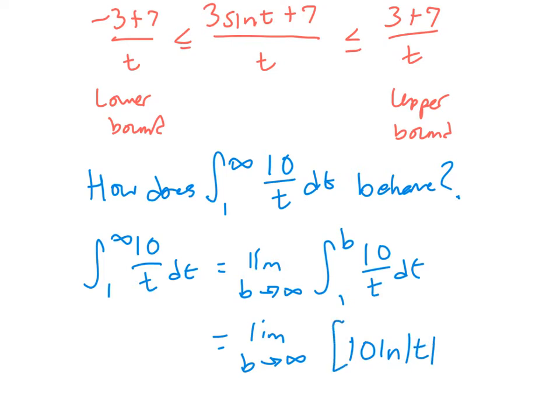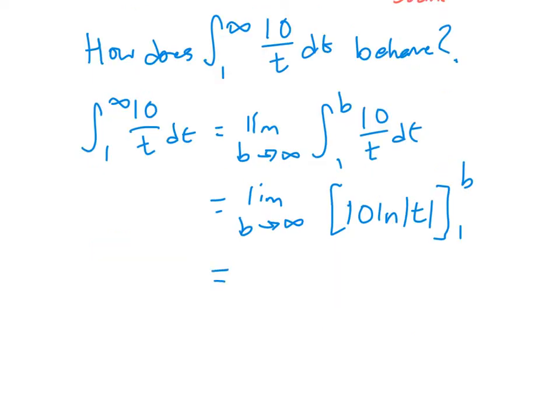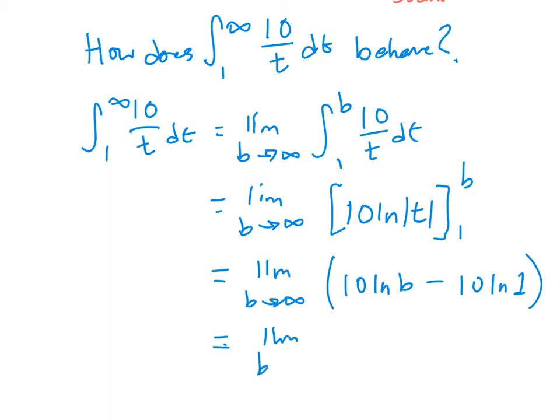Since we're only worried about positive values of t, that absolute value is not going to matter too much in the end, but I'm writing it anyway for now. So that's the limit as b goes to infinity of 10 natural log of b minus 10 natural log of 1. Natural log of 1 is 0, so we're just talking about the limit as b goes to infinity of 10 natural log of b.